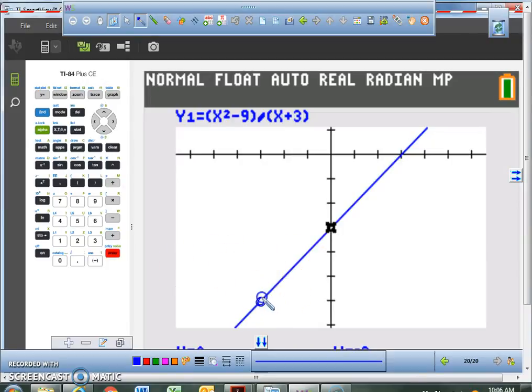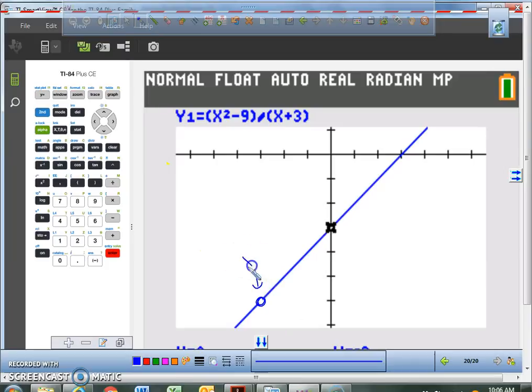Right there, everybody, in our graph, there was a break in the graph where x is equal to negative 3, which means that's where the hole in the graph is. Now, what type of discontinuity is a hole? A hole is a point. This is called point discontinuity.